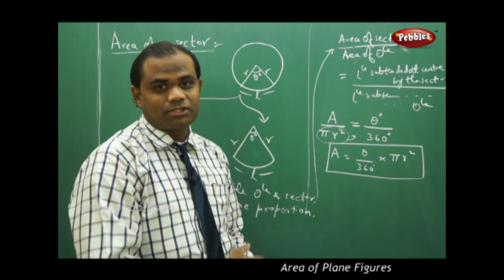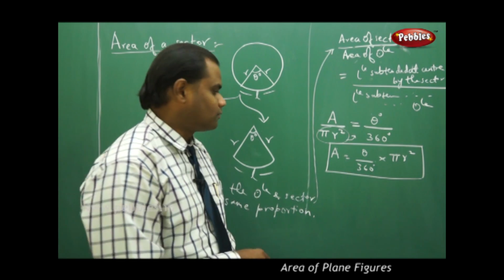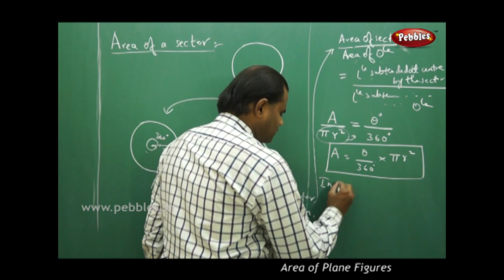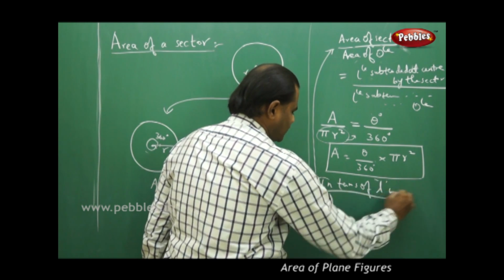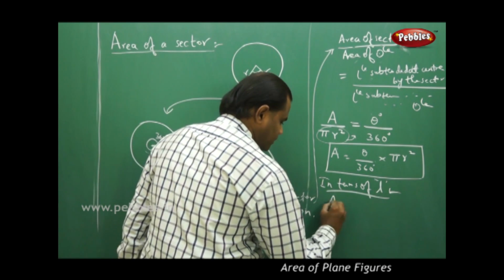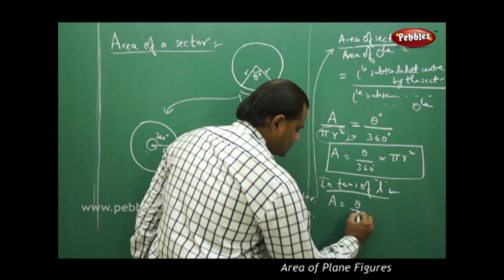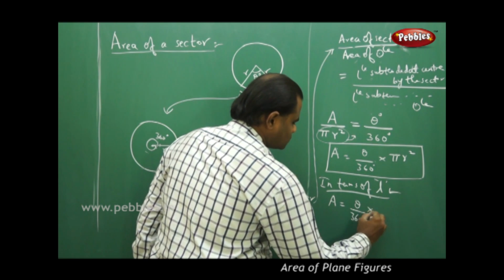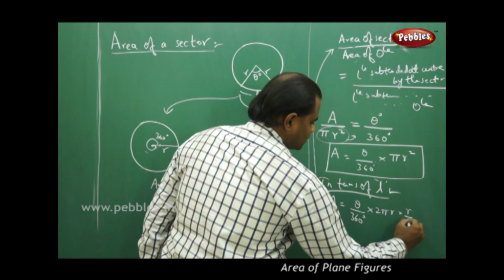Now, how do you connect this to length of arc? Let's derive this formula using the length of arc, in terms of L. I write this as theta by 360 into 2 pi r into r by 2.